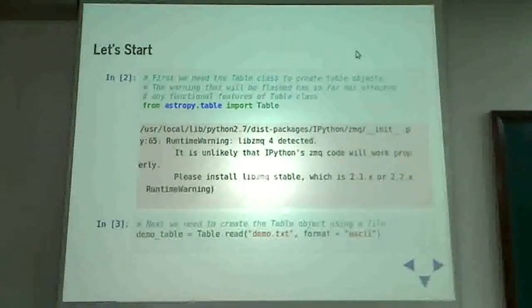What I'm saying here is from astropy.table import Table. So Table is not a module, it is a class. We use it almost like a function sometimes, but it is a class, and since a class defines objects, even a class has methods like objects have methods. So Table has a method called read, which we will use to read the file from the hard drive and load it into the memory.